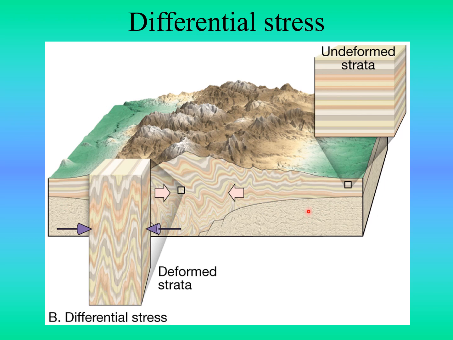And as that happens, you get undeformed strata up here, or the original sedimentary layers that begin to look like this. They're all folded and bent. I think I said it to you guys before, if you just take a rug on your kitchen floor and you push it in one direction, it's going to bunch up.